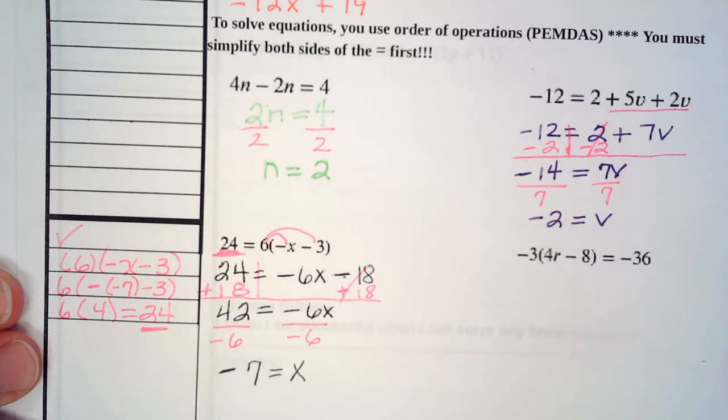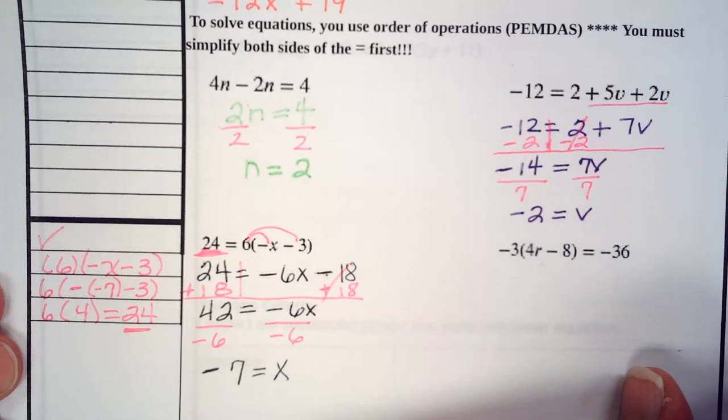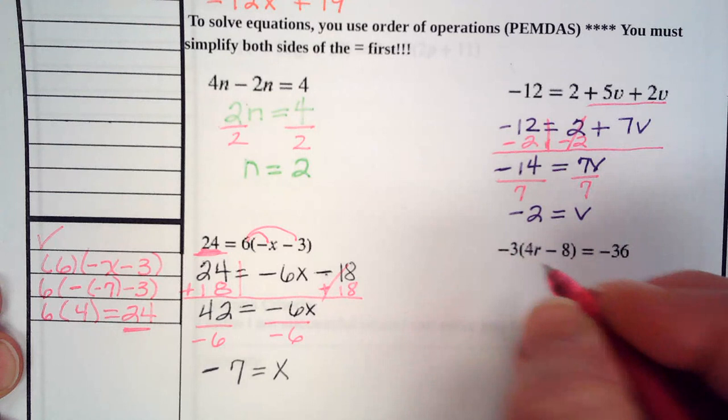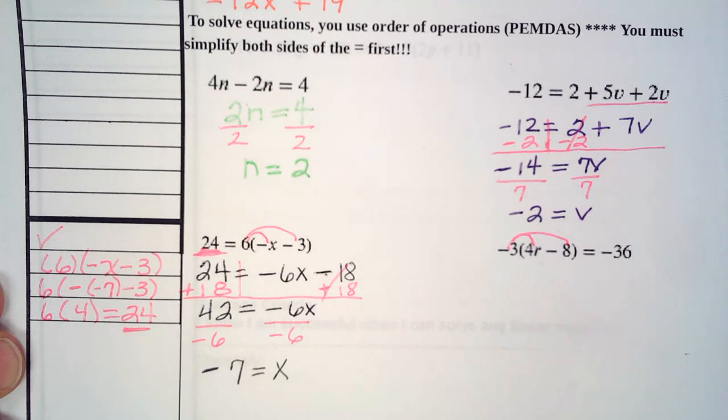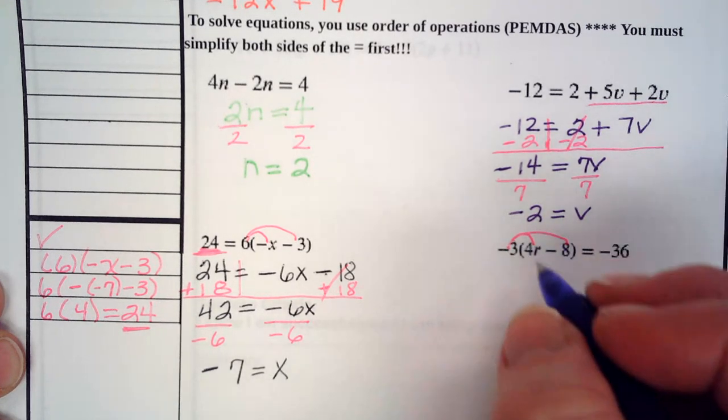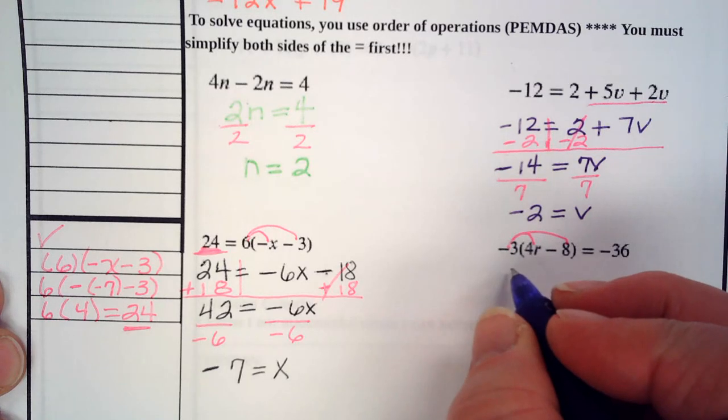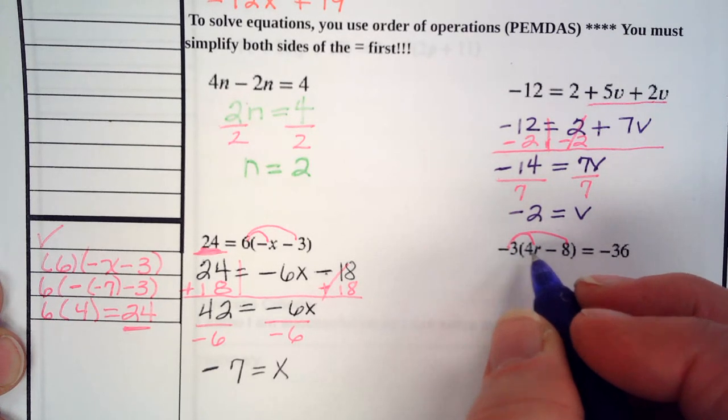Okay, for the next one. Start off again. Pause the video again and see if you can simplify that part. I hope you did. I hope you tried. Now check your answer. Negative 3 times 4r.